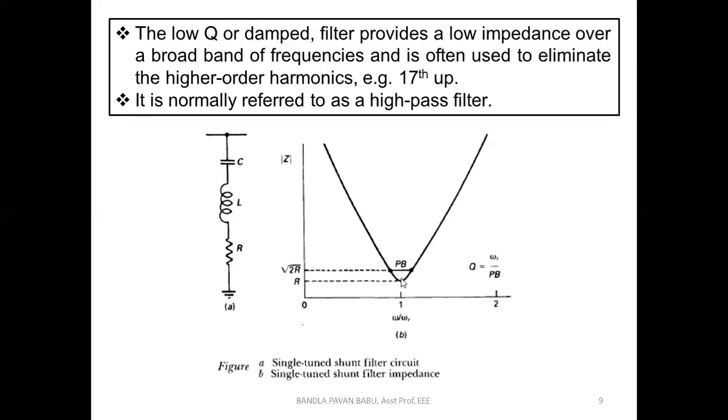So this is the minimum impedance offered, which means the maximum power can be delivered there. This is the quiescent line, which gives the quality factor of that particular filter, and omega r to the total bandwidth. This is for the single tuned filter: this is the filter circuit, and this is how the impedance is offered to the harmonic component.